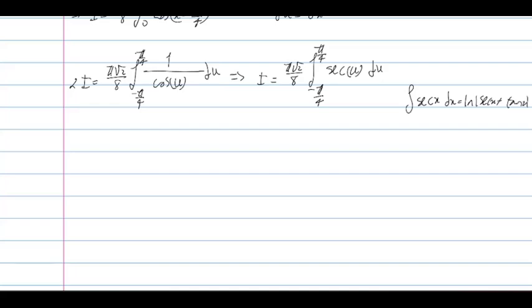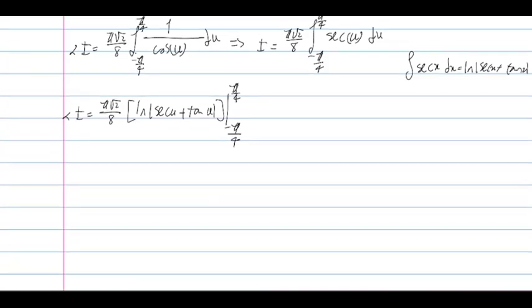So therefore I is equal to pi root 2 over 8 times ln of secant of u plus tangent of u, with boundaries from minus pi over 4 to pi over 4.